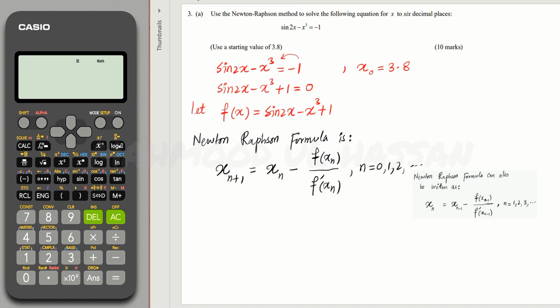You can see that in the Newton-Raphson formula, we need the derivative of the function as well.